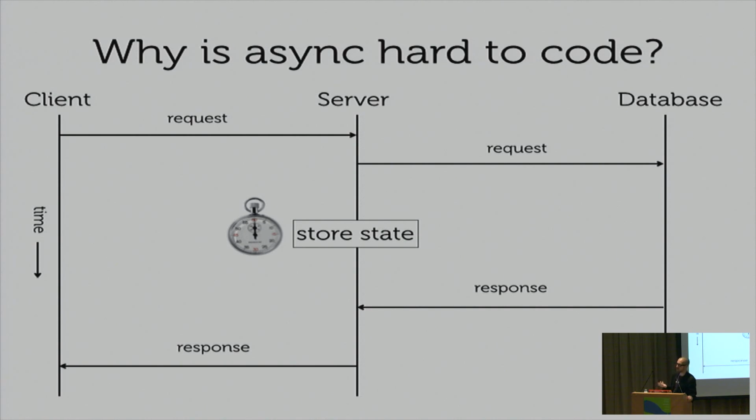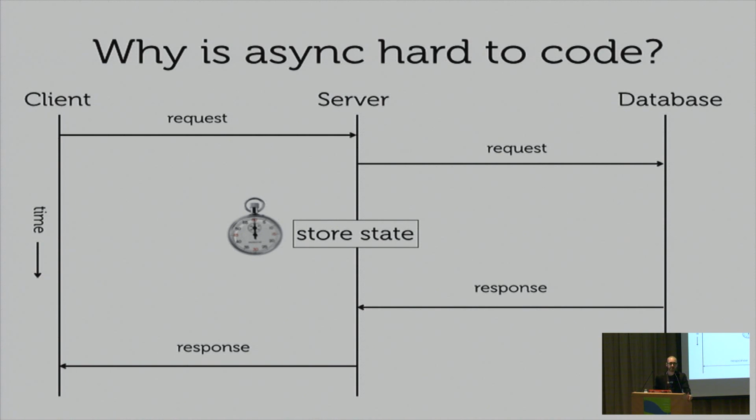So the problem that any web server needs to solve is that when a client request comes in, and then the web server makes some kind of request to the database or some kind of backend, it needs to store state while it's waiting for that I/O to complete.